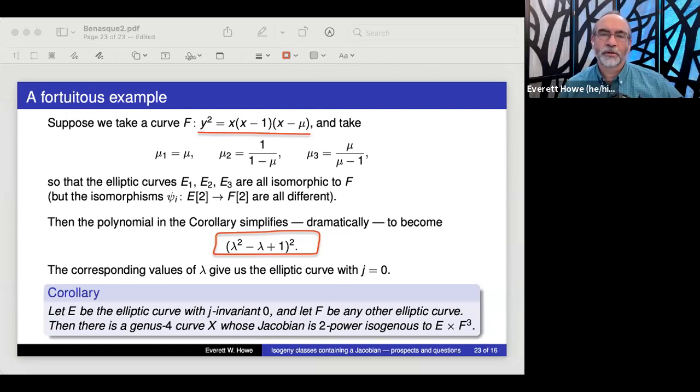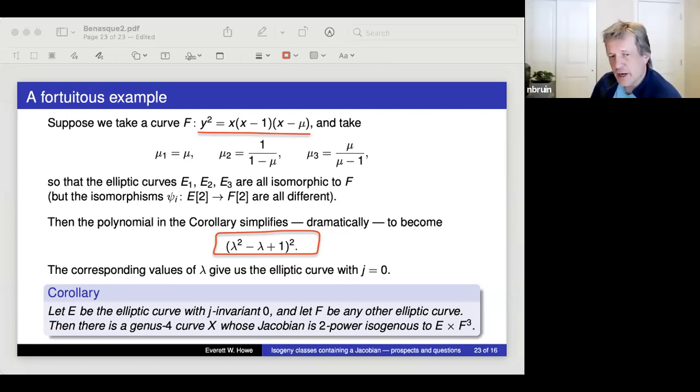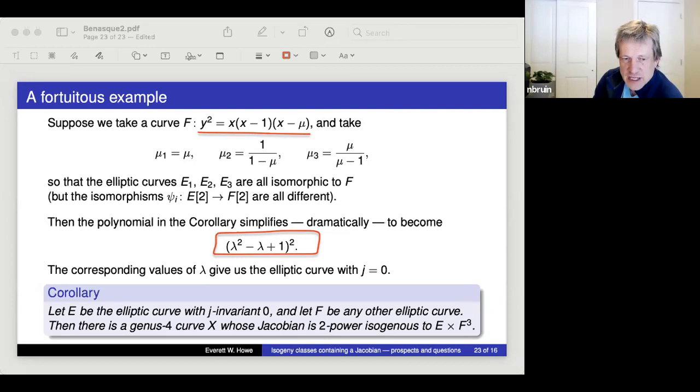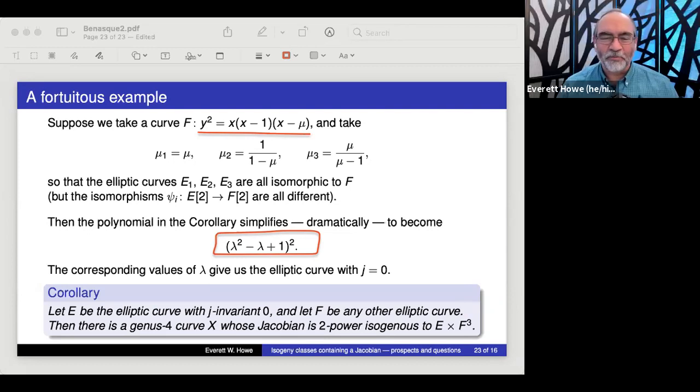I'm wondering, in hindsight, now that you know that this is true, can you anticipate this post factum? Could you explain, oh yes, we would have been able to see this had we only looked at some general intersection theory about strata in moduli space. Oh yes, the youngest child could have predicted that.